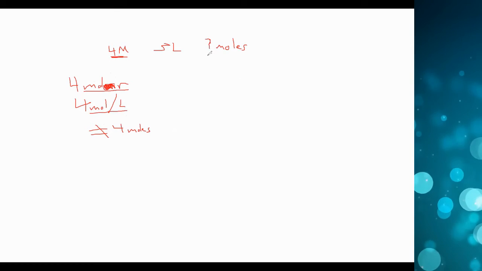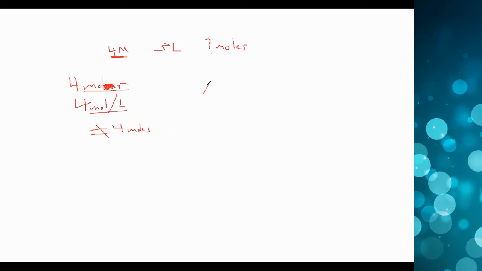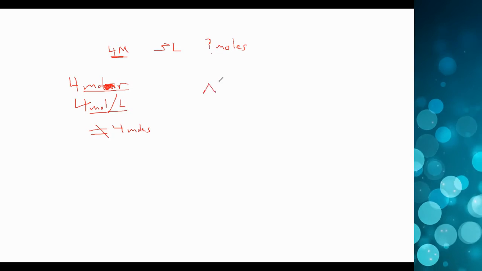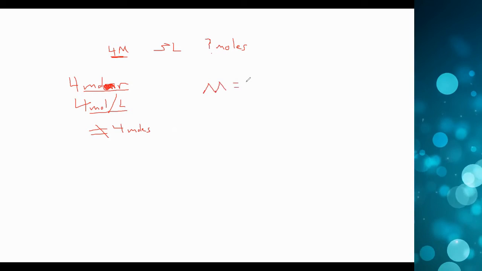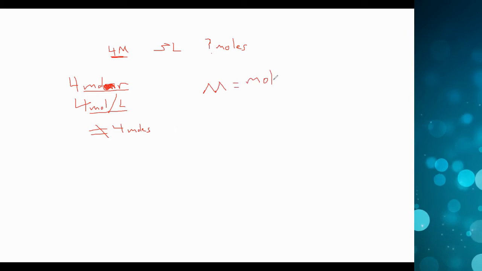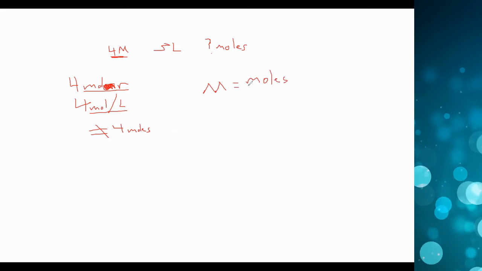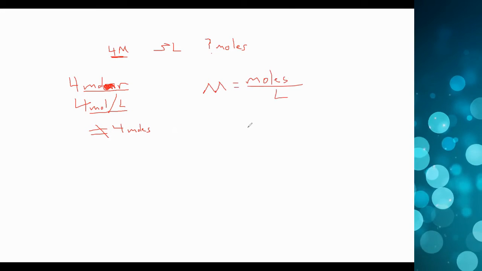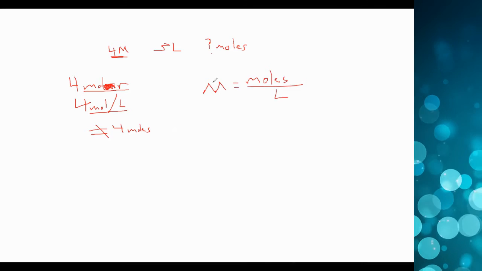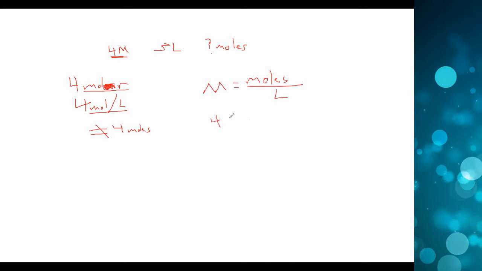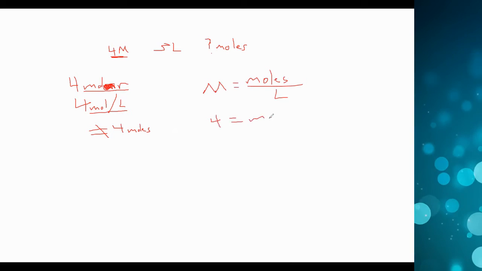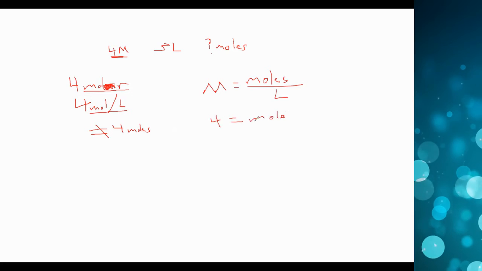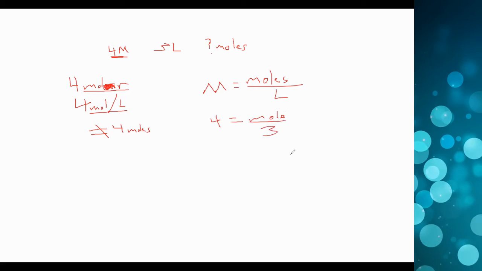So now we're trying to find the number of moles. So here's my question mark. So set up our equation. Molarity, again, is equal to moles per liter. Okay, plug in our numbers. Molarity is 4. Moles is unknown. Liters is 3.